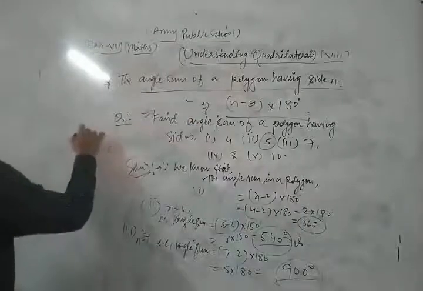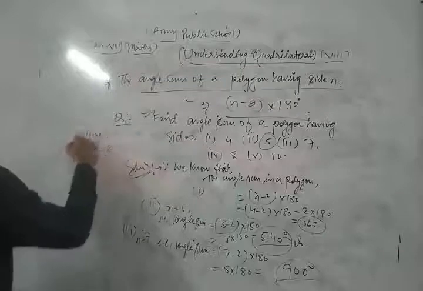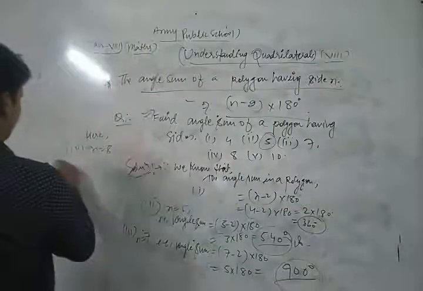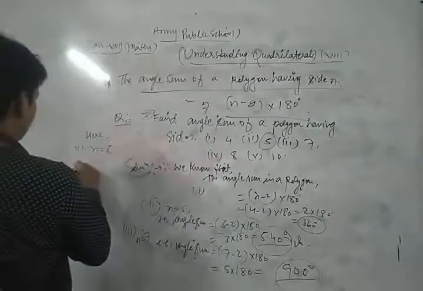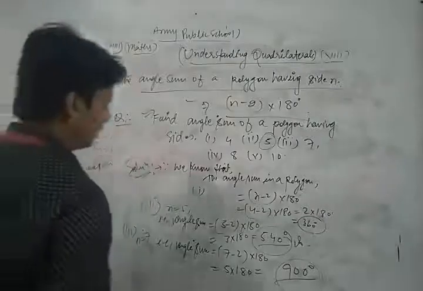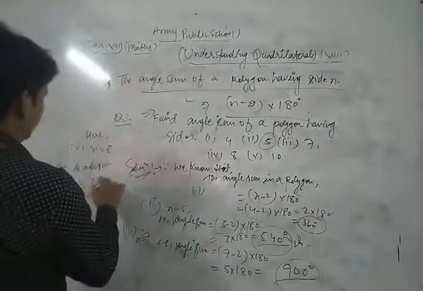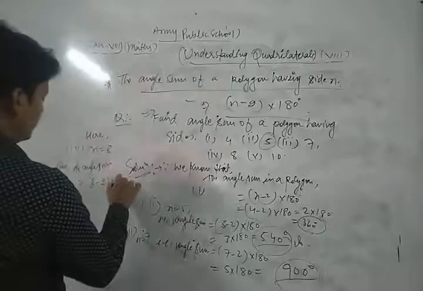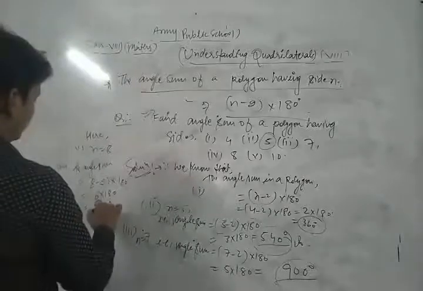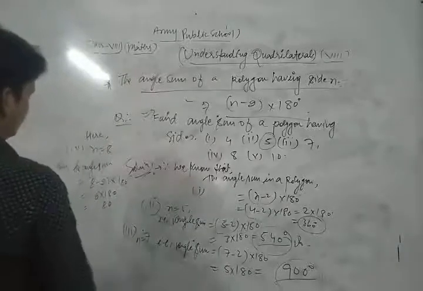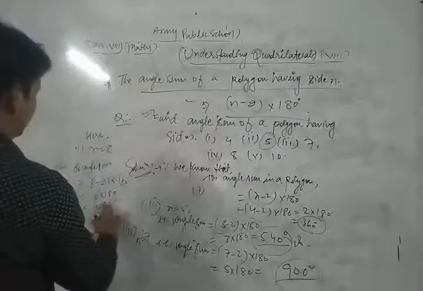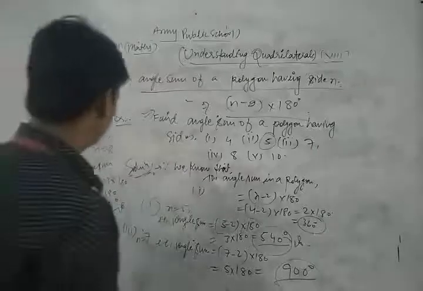Now we discuss the next one. Here n is equal to 8. Thus the angle sum of that polygon, an octagon, is 8 minus 2 into 180, which is 6 into 180, that is 1080 degrees. Okay.